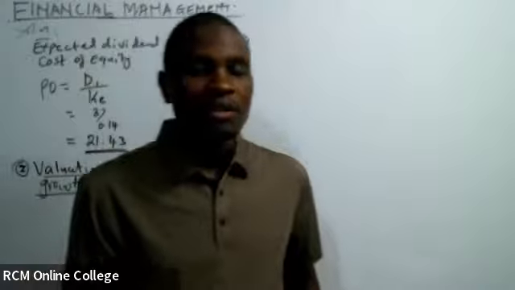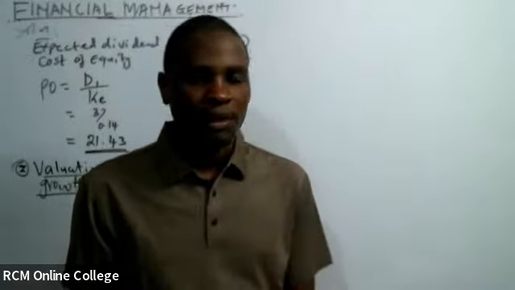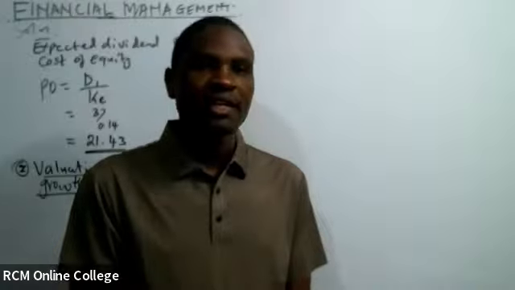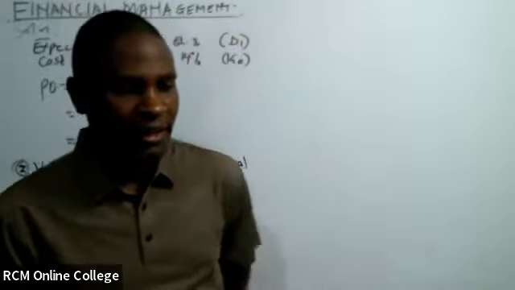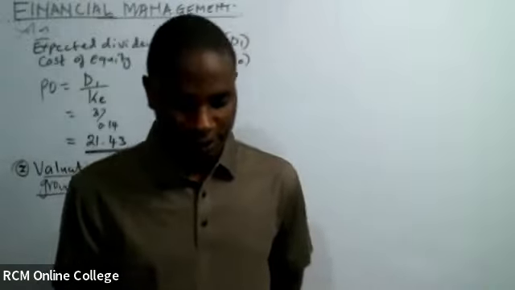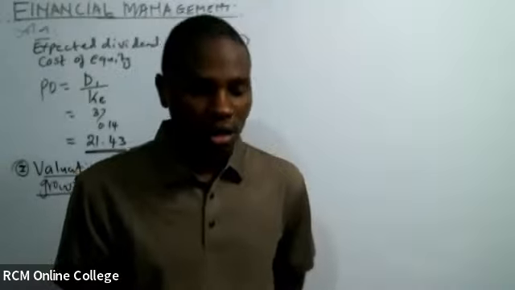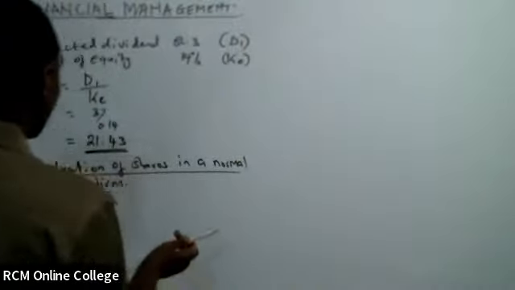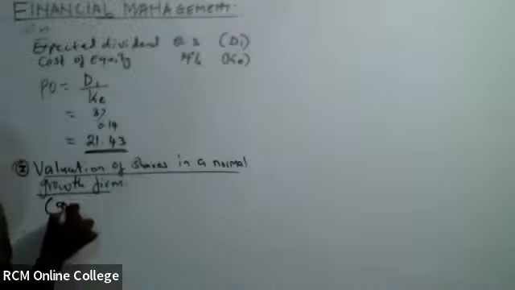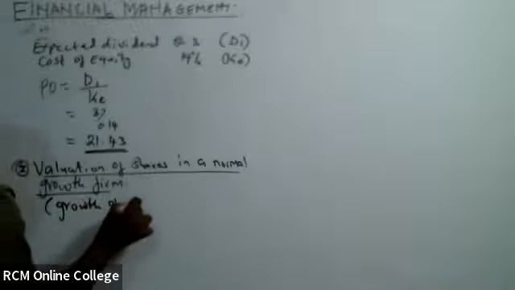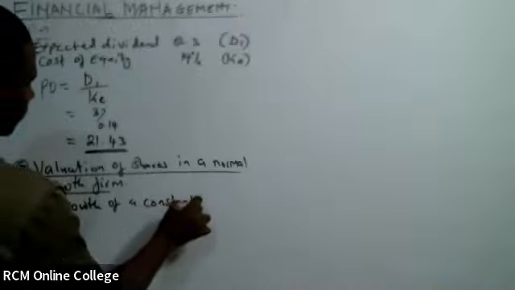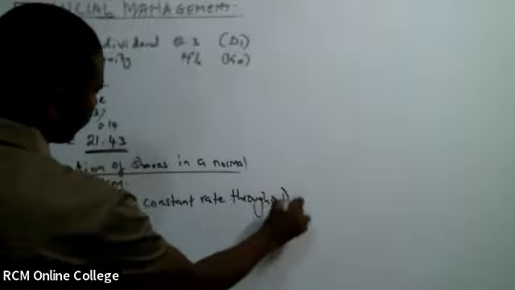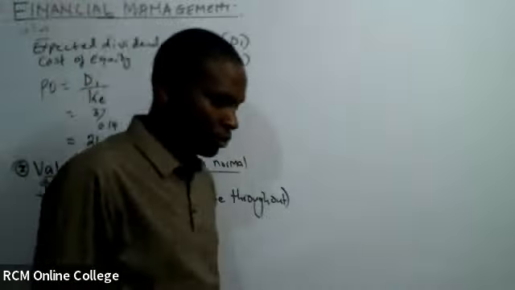So you say that in this case the dividend increases, in brackets, growth of a constant rate throughout. There is that growth. Full stop.